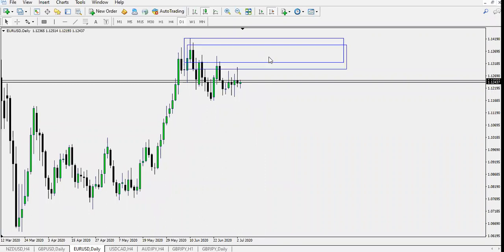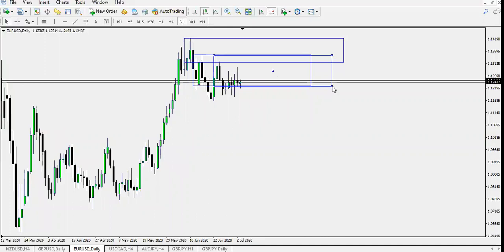And again, this large green candle over here was traded through, so that for us makes another daily bearish order block. And again, over here, this green candle is also an order block and was traded through. So there is a lot of selling pressure on the daily time frame on EU.